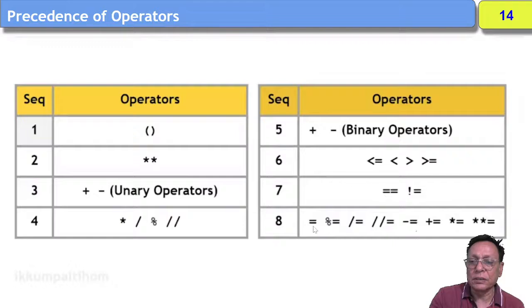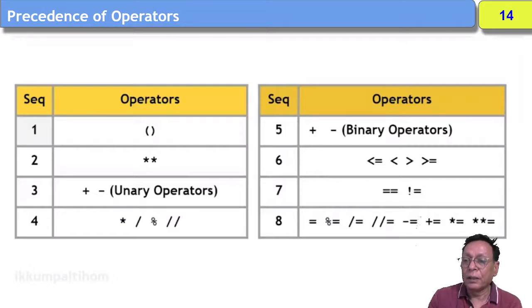On eighth sequence, these are assignment operators: assigning R value to L value, assigning modulo to L value, assigning quotient to L value, assigning floor division to L value, assigning subtracted value, assigning addition value, assigning multiplication in the L value, and the last, exponential equal, means assigning the calculated power in the L value.